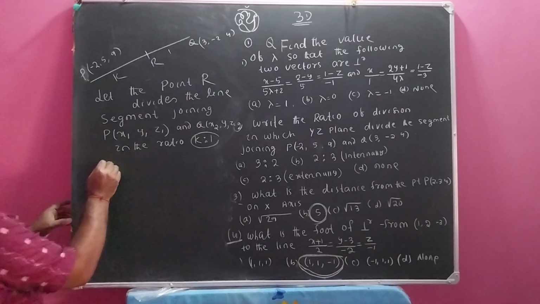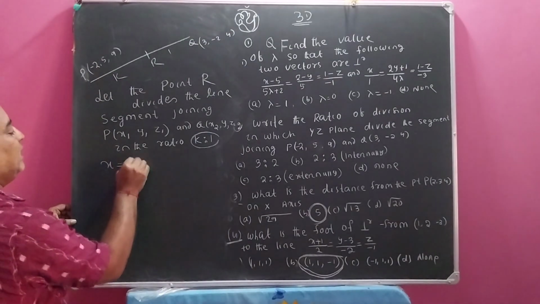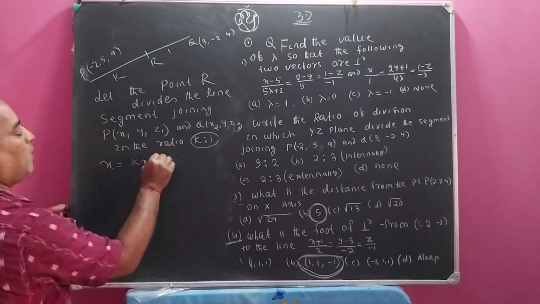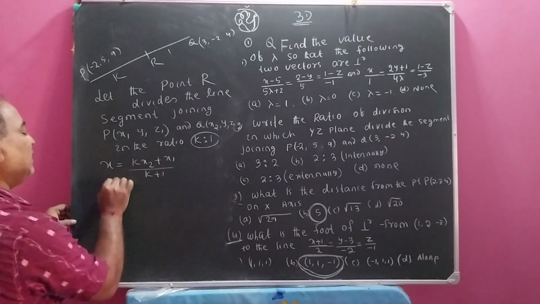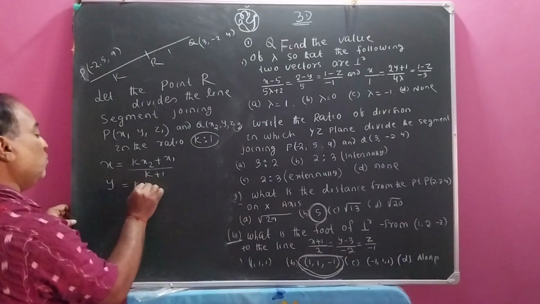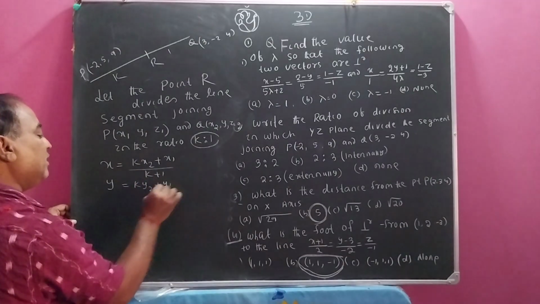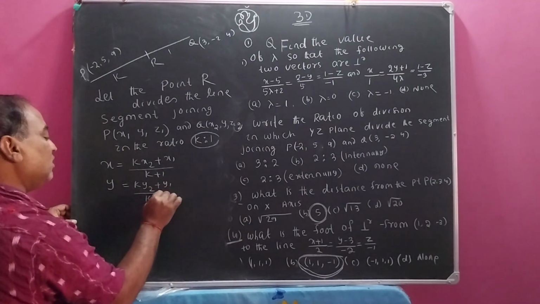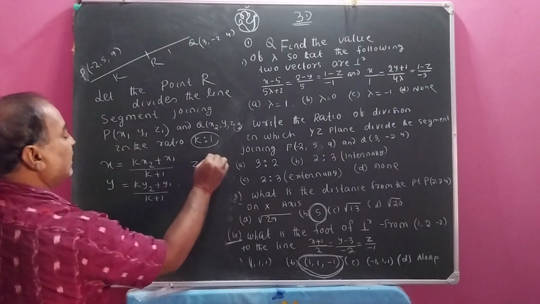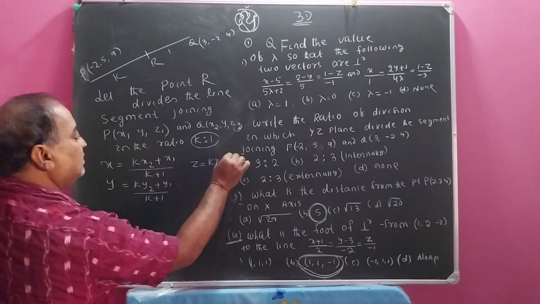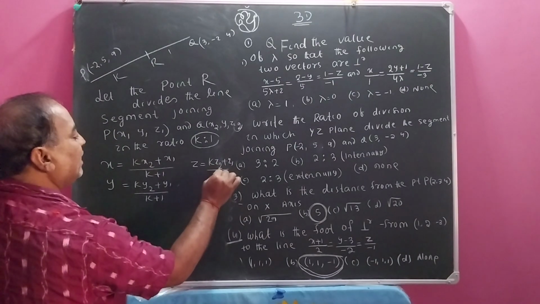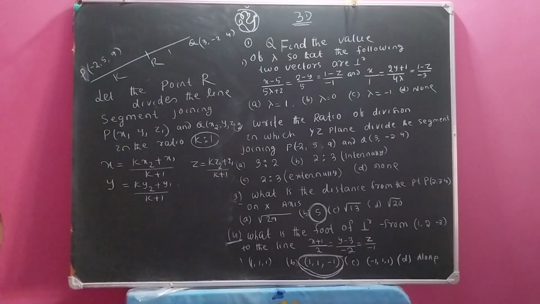So x is equal to (k x2 plus x1) divided by (k plus 1). y is equal to (k y2 plus y1) divided by (k plus 1). z is equal to (k z2 plus z1) divided by (k plus 1). This is the formula.